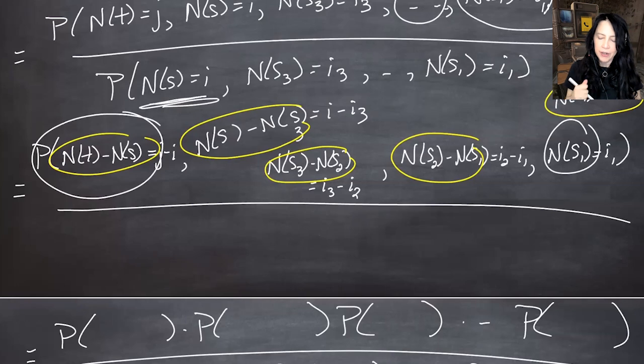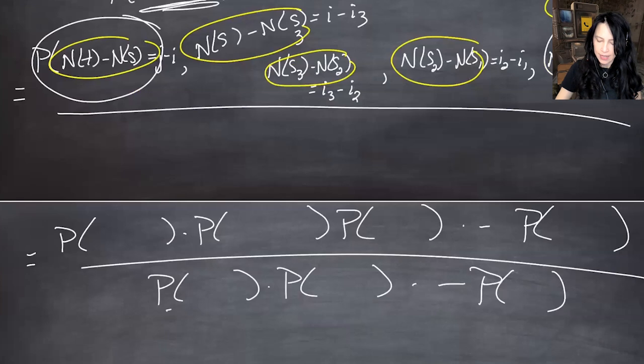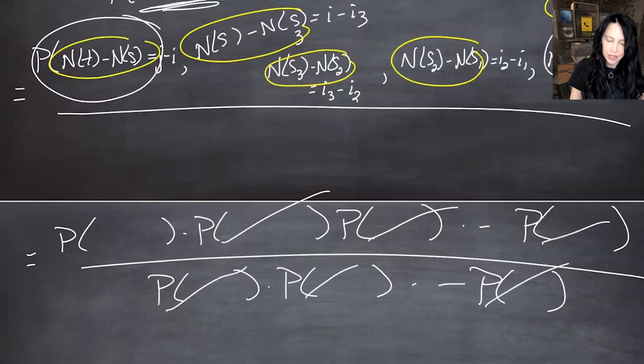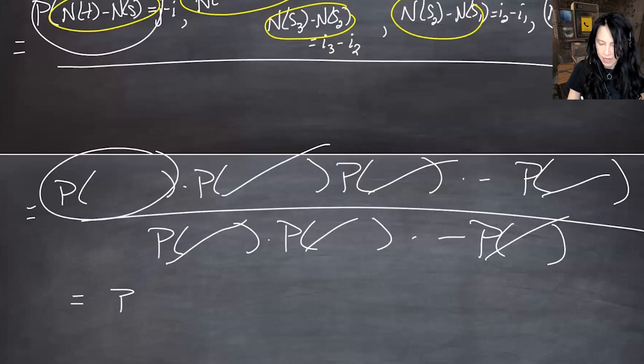So the denominator will have all of the yellow circles except for the one on the left. And so we'll get a whole bunch of cancellation. This is going to cancel with this, and this with this, and this with this. And you're going to be left with just this one. I couldn't even bring myself to write it when n was 3, much less a generic n. But you're going to be left with this.